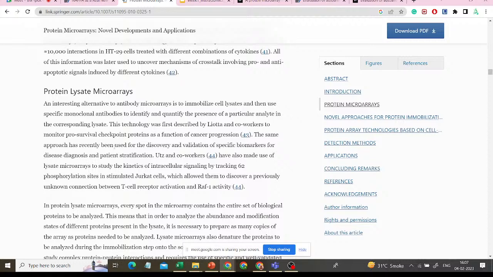Whenever you are expressing your particular genes or clones of interest in the bacteria, your protein of interest will come along with different host proteins, so you need to purify it from the host proteins.